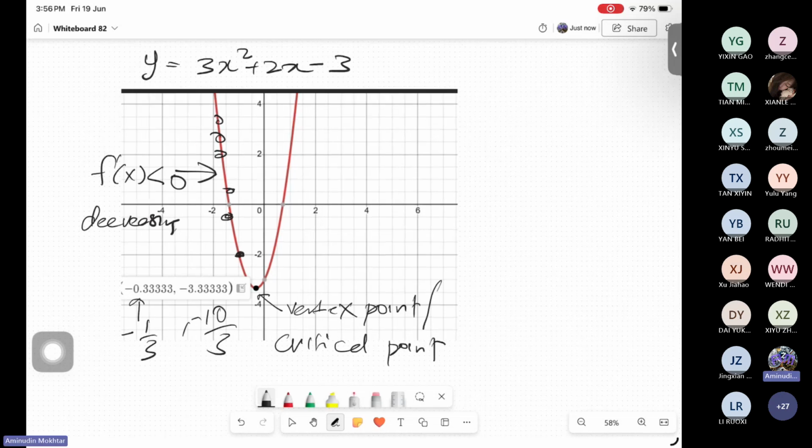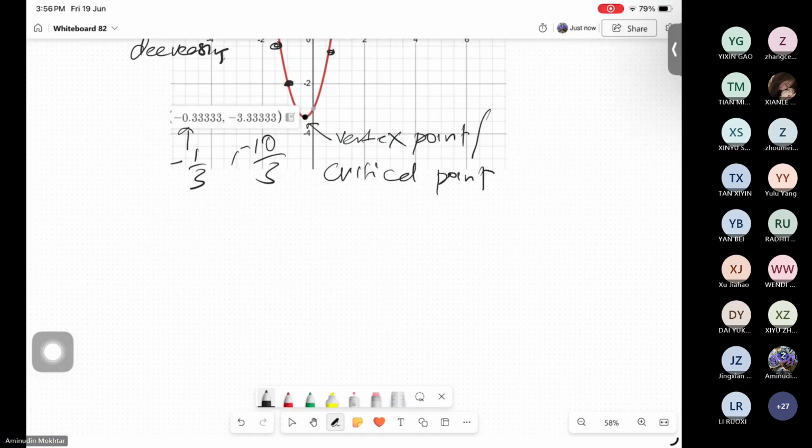After x equal -1/3, if you choose any point, you will find that the slope of the tangent line, f prime, is positive. So we can conclude that from -infinity until -1/3, f(x) is decreasing.